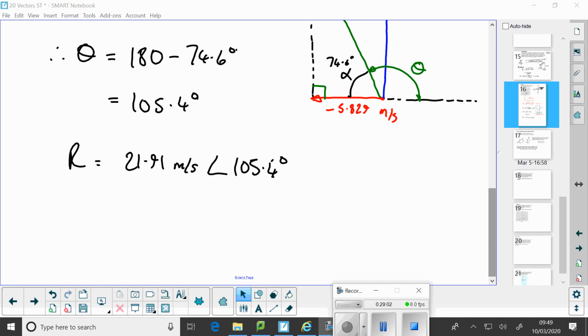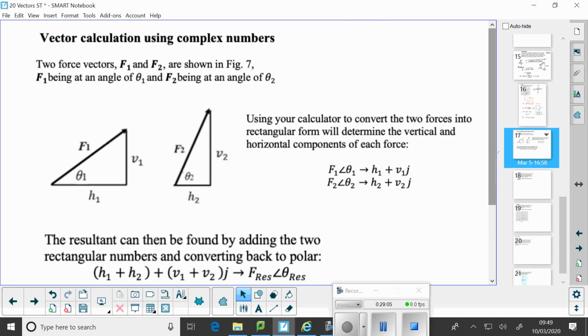So, moving on from that, you'll be pleased to know that we can do these vector calculations using complex numbers. So we have two force vectors F1 and F2 shown in the figure. F1's at an angle of theta 1, F2 at an angle theta 2.